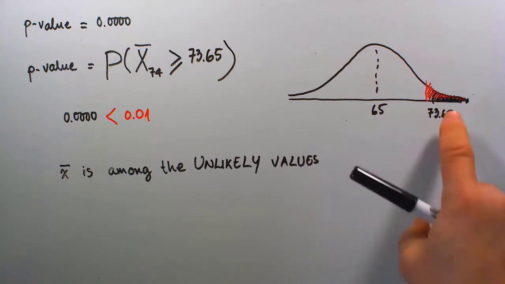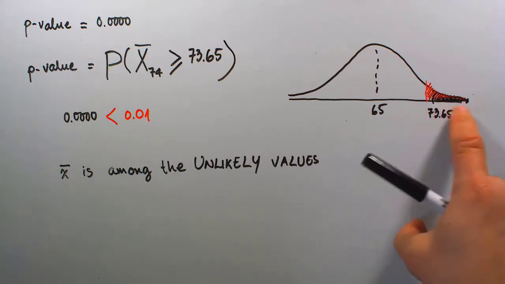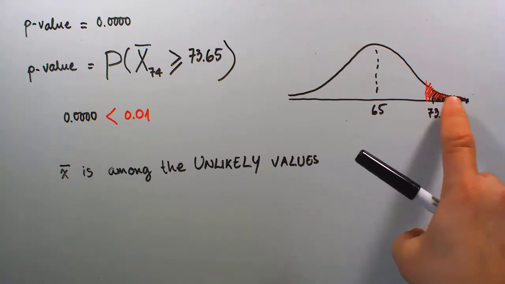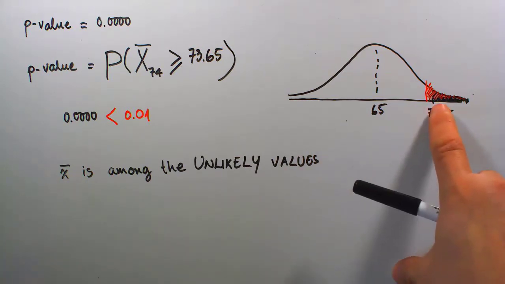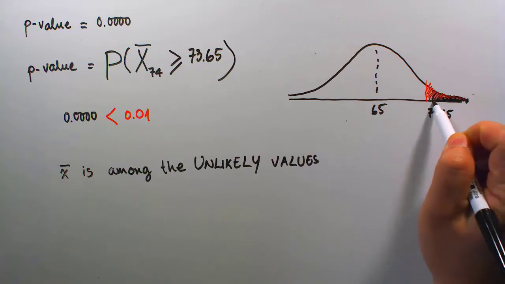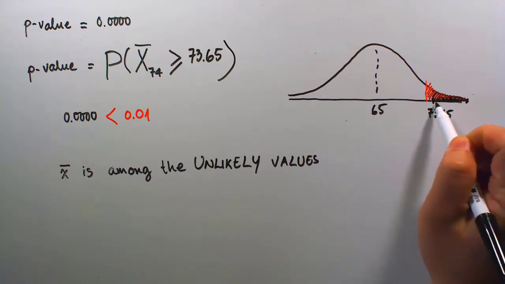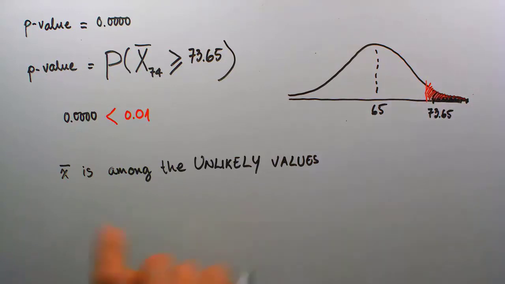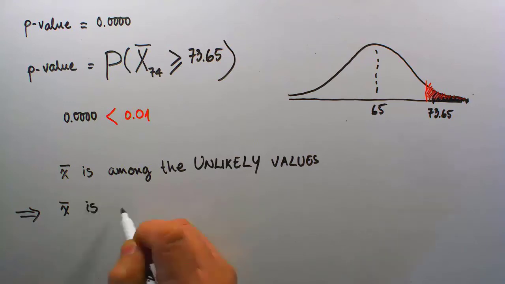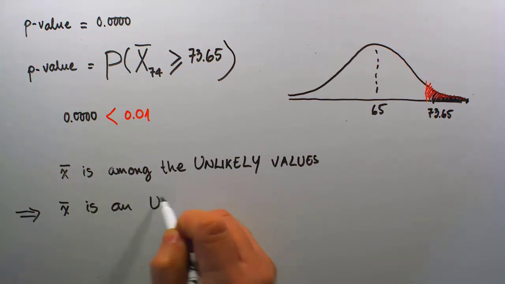And now the black shaded area here is completely contained inside. So one thing we know for sure, the X bar, our sample, is where the black area starts. It's contained completely inside of the red area. So X bar must be among the unlikely values. And so further, we can even say that X bar itself is an unlikely value.